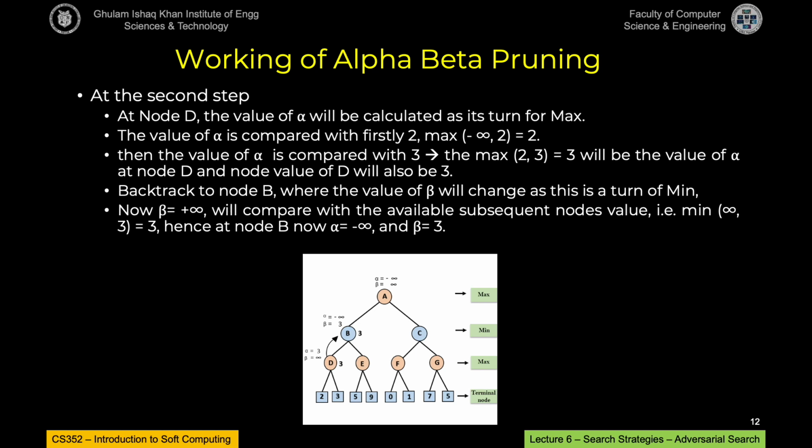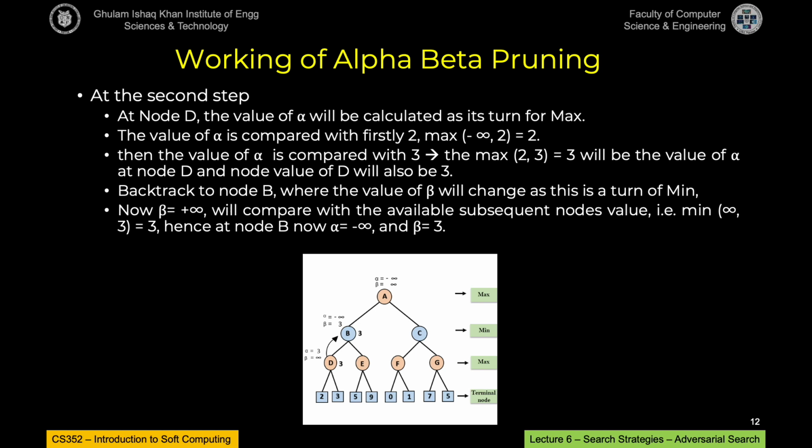Since 3 is larger than 2, it will select the value 3 from both the children, and therefore the value of alpha at node D will be 3, but the value of beta is still infinity, as max cannot touch the value of beta, right?